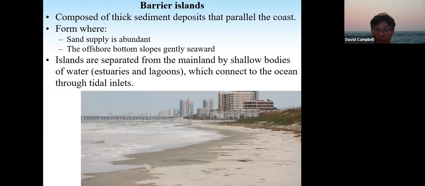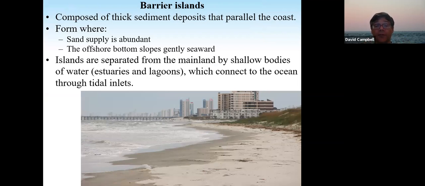Some coasts, such as here in much of the southeastern US, have barrier islands along them. And these are basically large piles of sand and mud, roughly parallel to the coast. No surprise, big piles of sand, so it's places where there is a lot of sand around. Also, typically it's someplace where the bottom of the ocean is sloping very gently as you go further out.